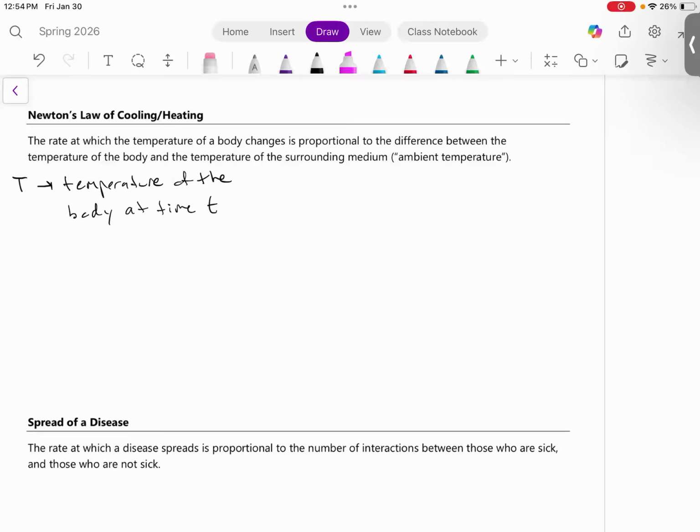The rate at which the temperature of a body changes. So we have our derivative now, dT over dt, the rate of change of temperature.